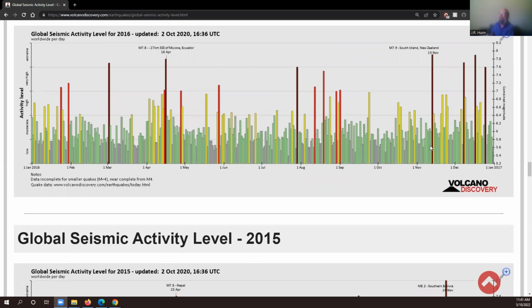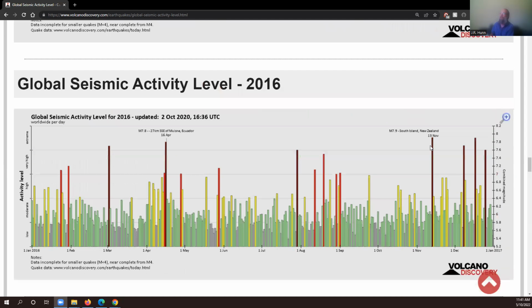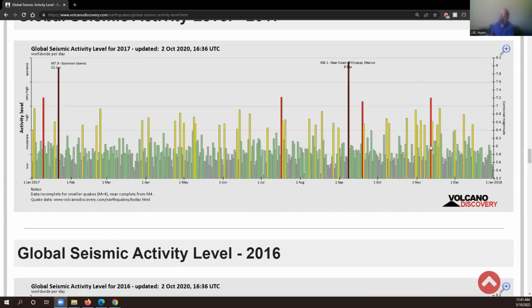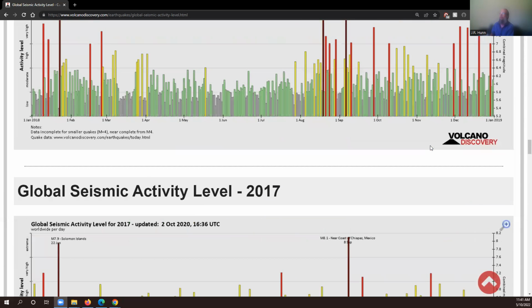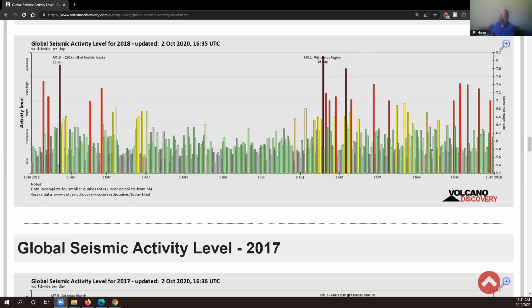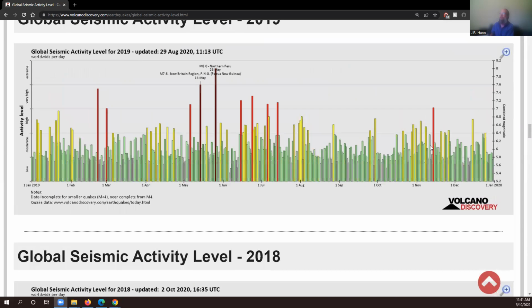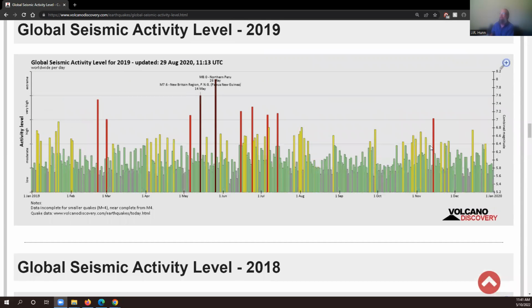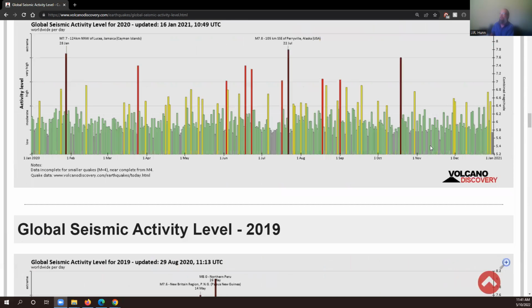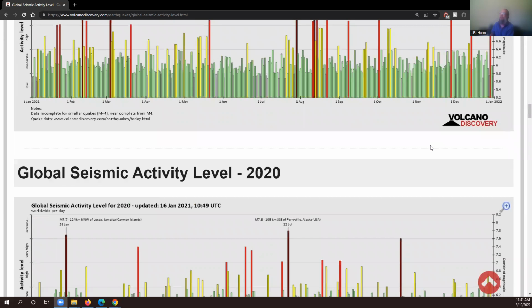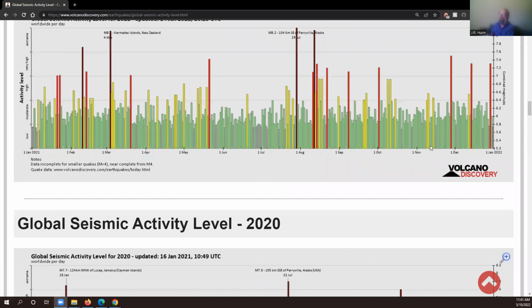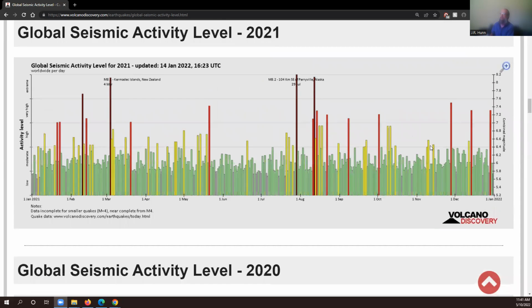A couple days later, 7.9. Here we got a 7.2. Here, a couple days prior, a 6.7. Here is a 7, looks like the 13th. And then nothing in 2020, that November. And then here, just a mid 6 a day or two prior.